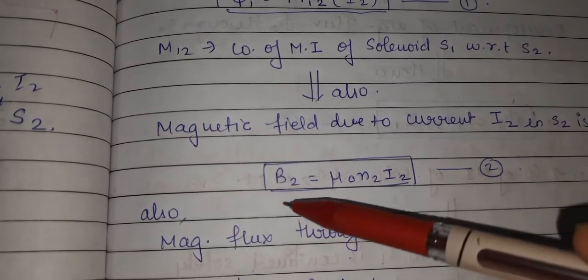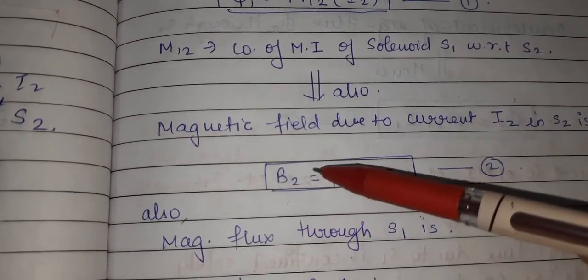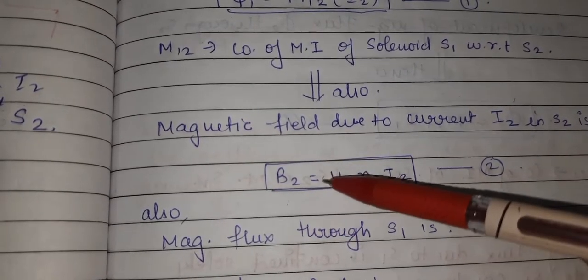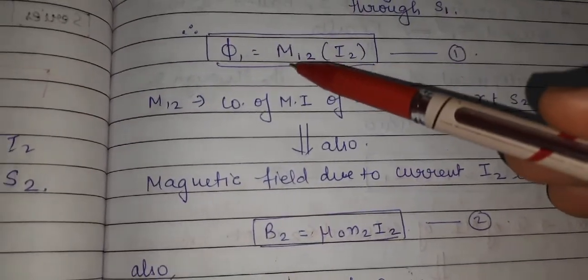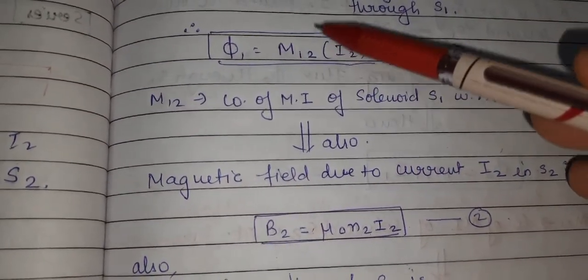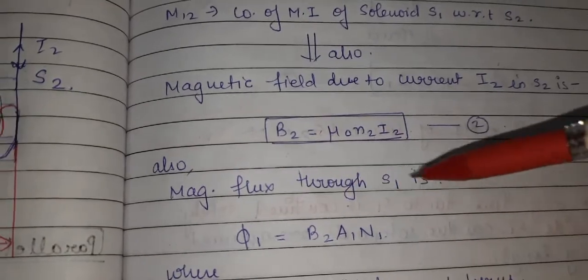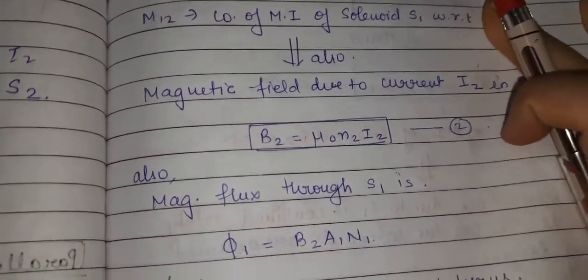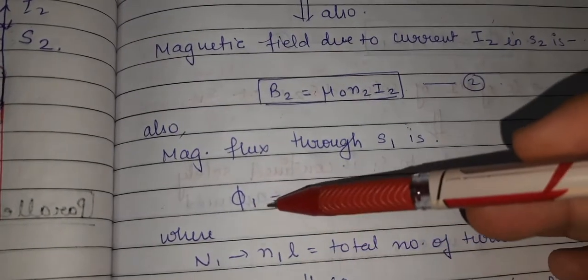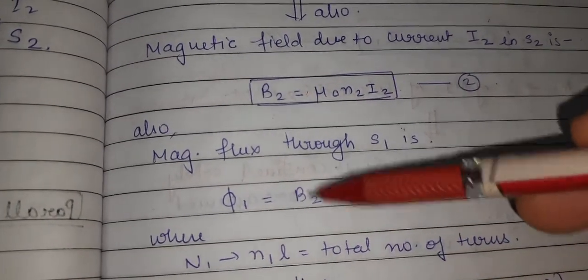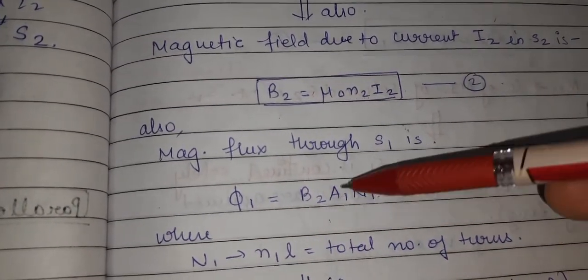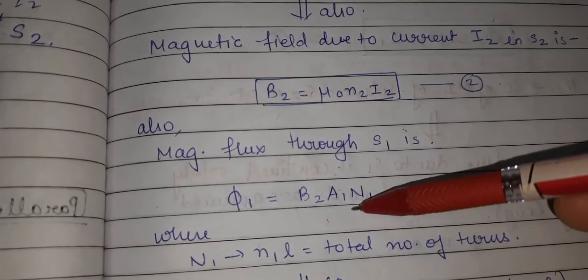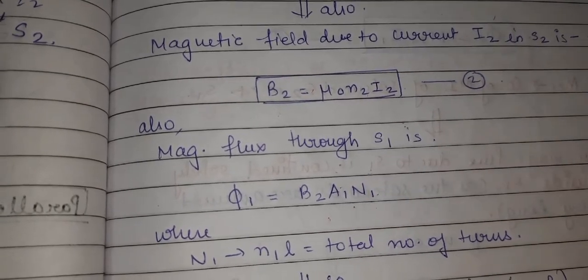So we got the magnetic field which is produced in the solenoid S2, and we got the flux which is produced in the solenoid S1. Also, if we talk about magnetic flux through S1, how much are we getting? The flux phi1 is equal to the magnetic field in that solenoid multiplied by the area of that cross section and the number of turns.